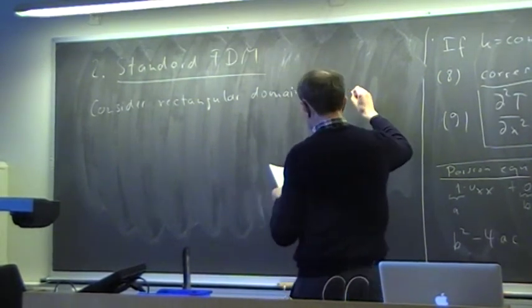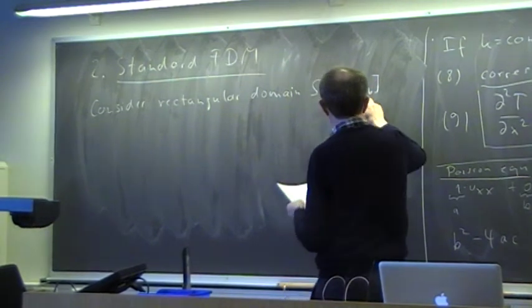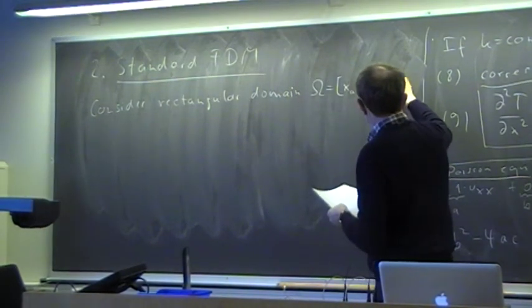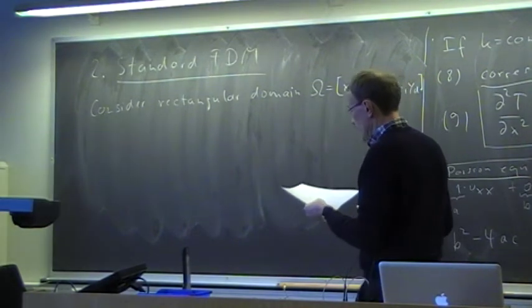So we assume that it has xa, xb as the boundaries in x direction, and yc, yd in the y direction.